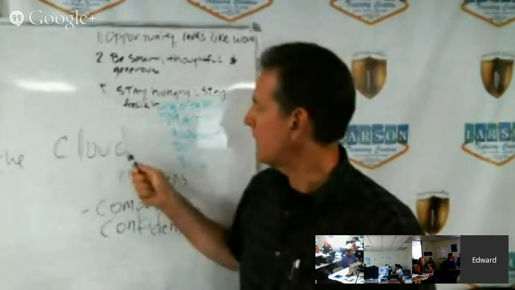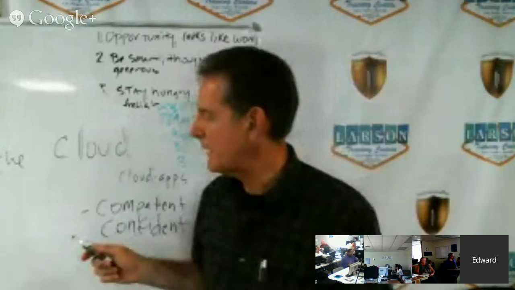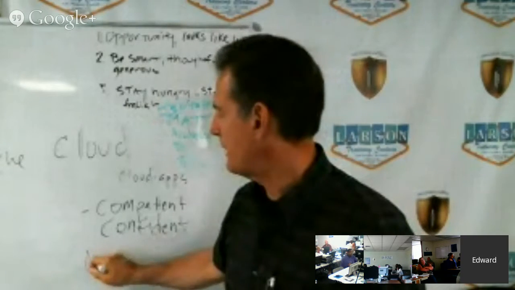And I will tell you, if you persuade them of those two things, one, they need the cloud, and two, you can bring it, they're going to hire you, unless there's somebody who can do that better than you. But if there's somebody who can do that better than you, then you're not going to have to convince them that they need the cloud. They're already going to say, yeah, I do need the cloud. So the cloud, confident, competent, and the other set of words are make money.